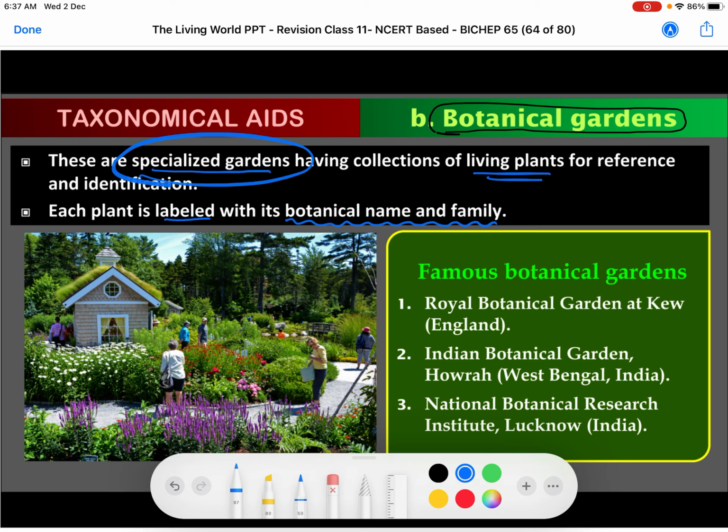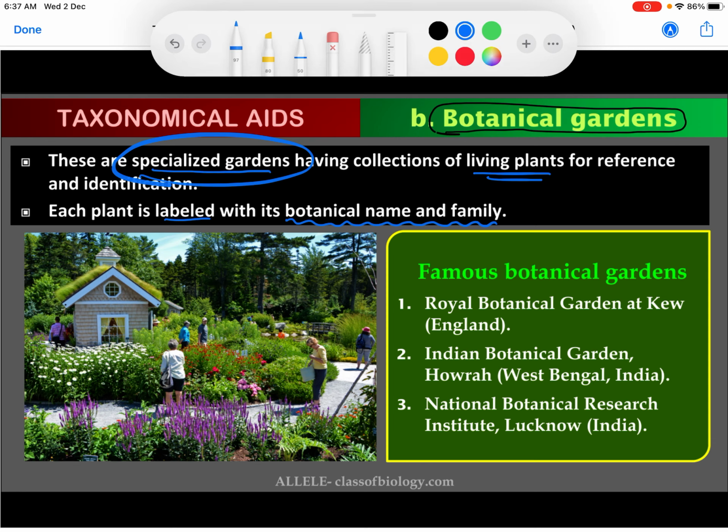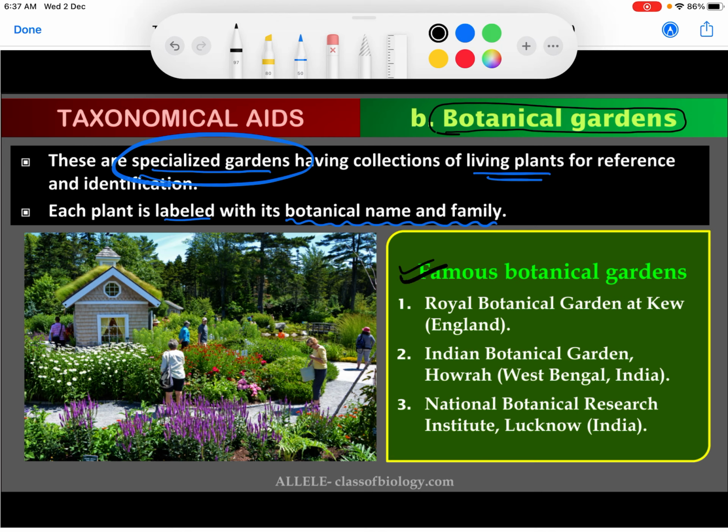Again, they are labeled with a particular local name, their scientific name and entire classification, so that we can take it as a reference. Here the examples which are given are, not is but are, of famous botanical gardens: number 1, Royal Botanical Garden, that is in Kew, England.